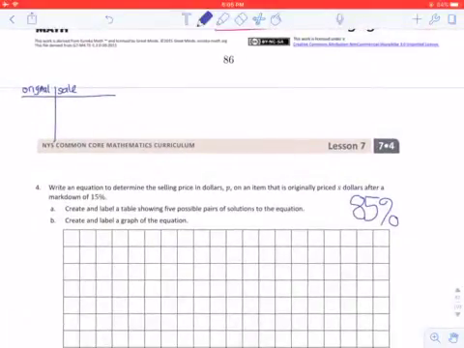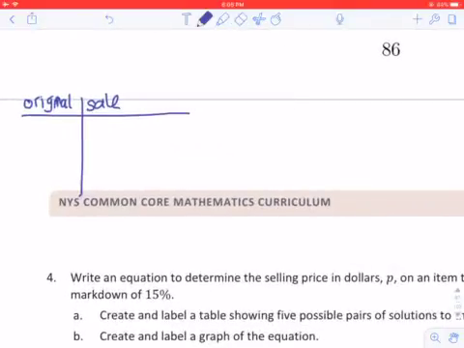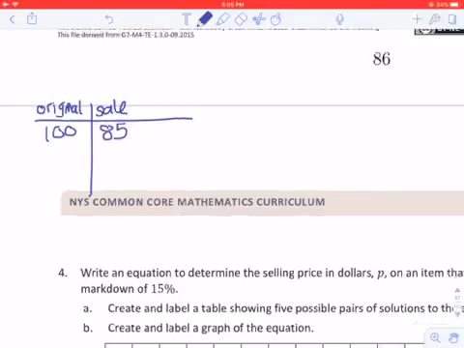And you're basically making up some values. We don't know what the original price is and we don't know what the sale price is. So you could really pick anything. So if you say that the original price is 100, the sale price is going to be 85.